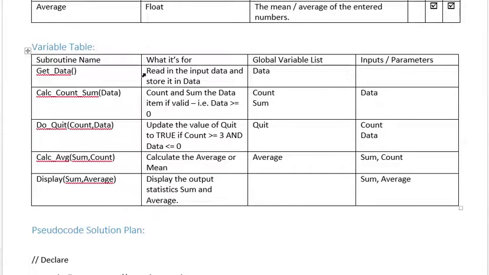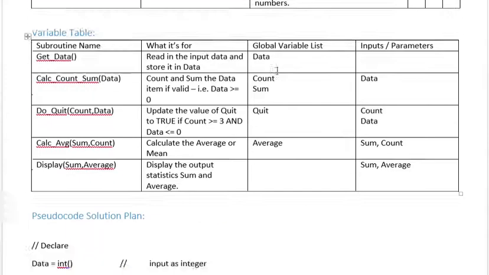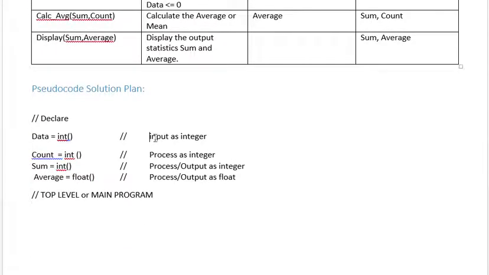What is better to do is to take the what it's for column from your variable table and rephrase that as your comment. Make it descriptive. Let it describe what it does, so that it has meaning and definition, as opposed to just stating the blasted obvious. So this is really bad. I wouldn't ever consider doing it like that.